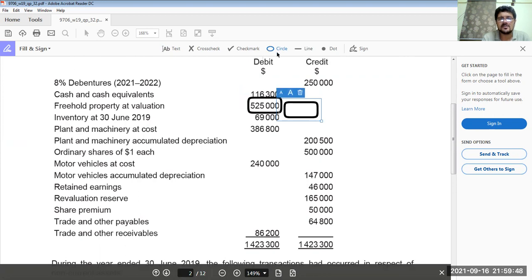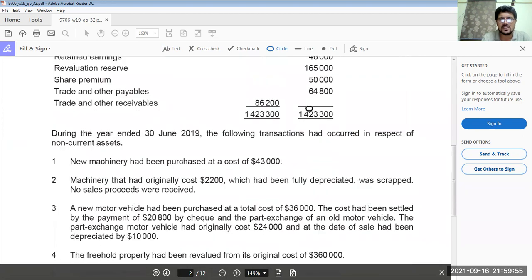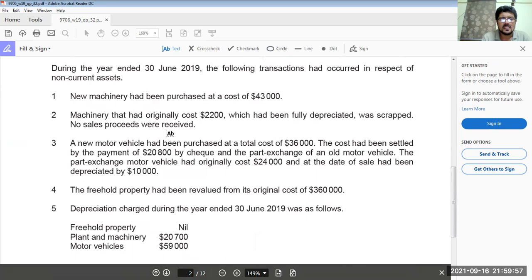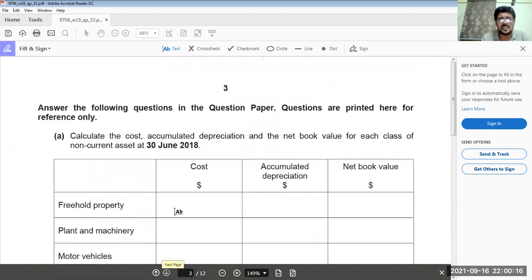So 525,000 is the value of freehold property at valuation. Now see, the freehold property had been revalued from its original cost of $360,000. So this year, between 2018 and 19, the freehold property has been revalued. So it means at the start of the year on 30th June 2018, the value of freehold property must be $360,000. Are you getting my point clear?